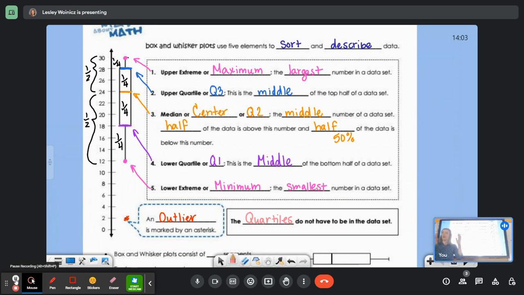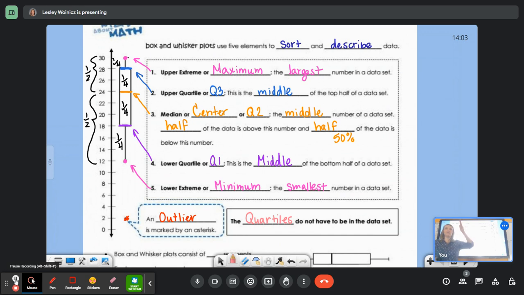So our median doesn't actually have to be in our data set. It can be between elements in our set, right? And if quartile 3 and quartile 1 are the middle of the top and the middle of the bottom, can't they also be between values? Yes, they can. So the quartiles do not actually have to be in the data set.